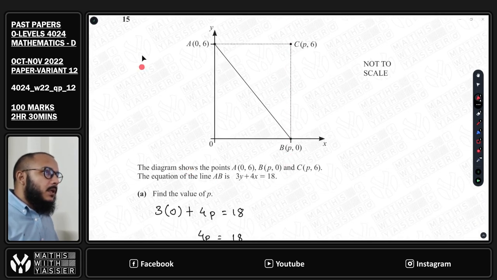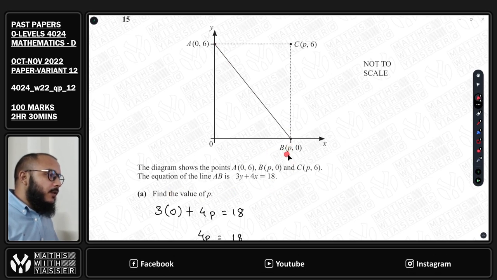Then we have question number 15. The diagram shows the point A (0, 6), B is (p, 0), and C is (p, 6). The equation of the line AB is 3y plus 4x equals 18. We need to find the value of p.